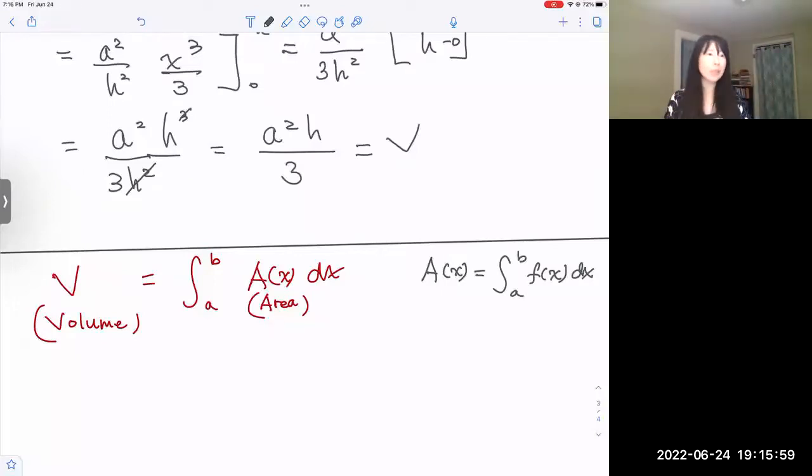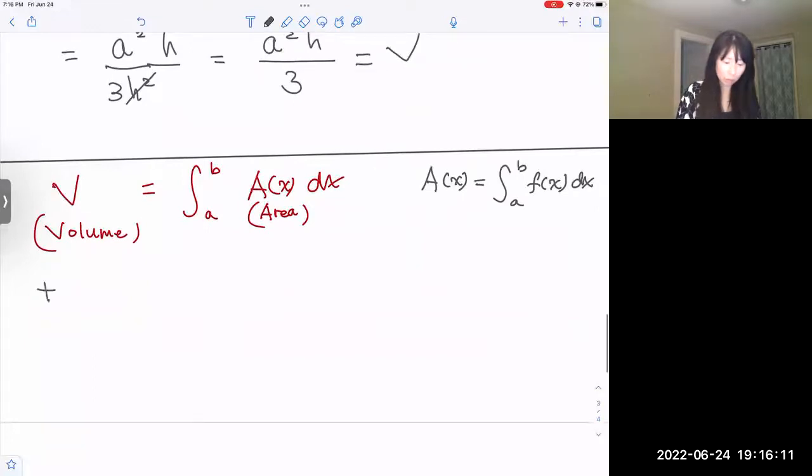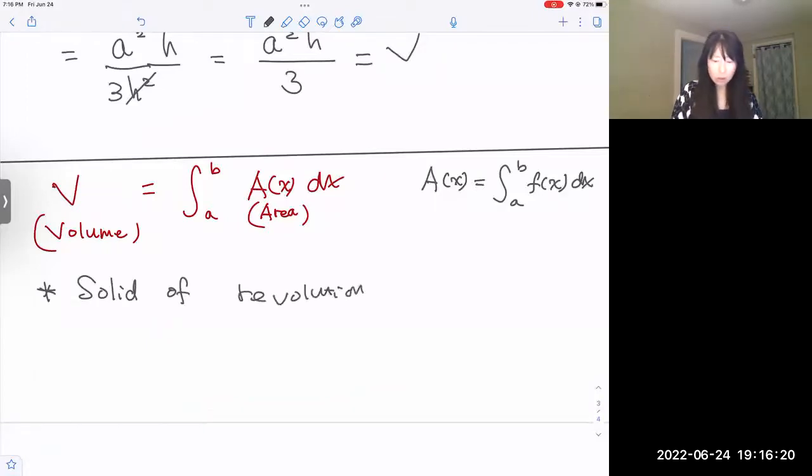All right. Okay, now we have a solid of revolution. So they say the slicing method.